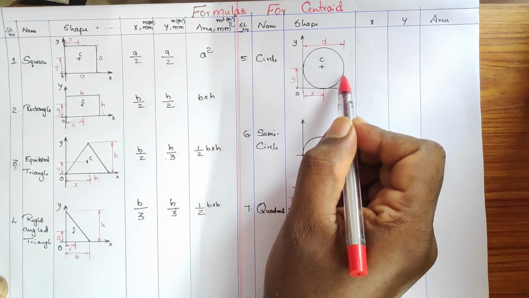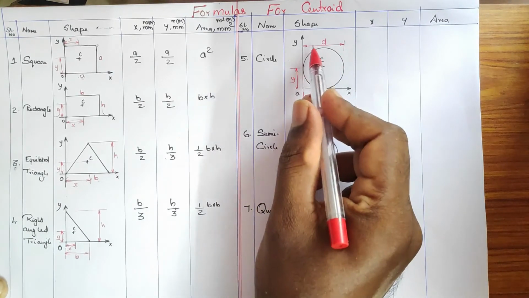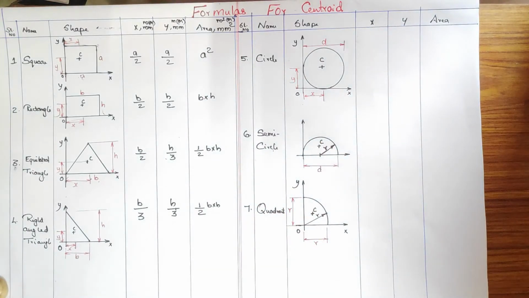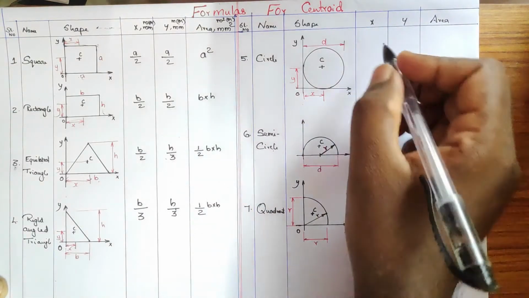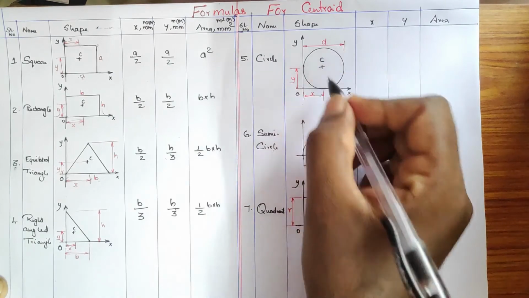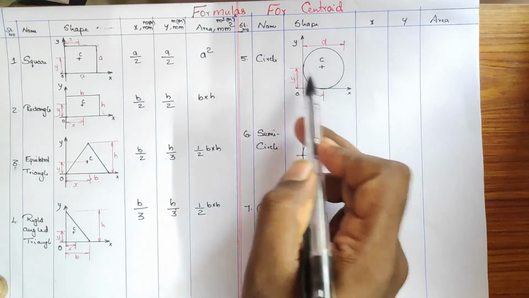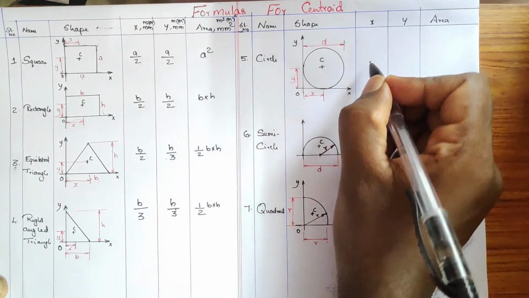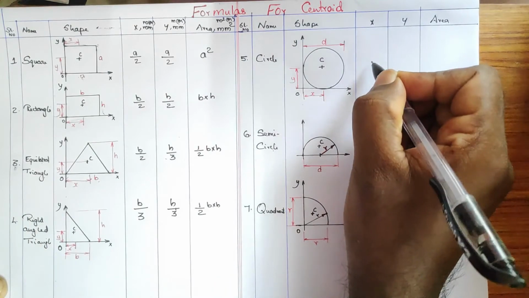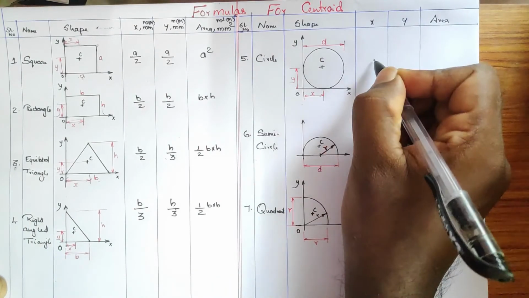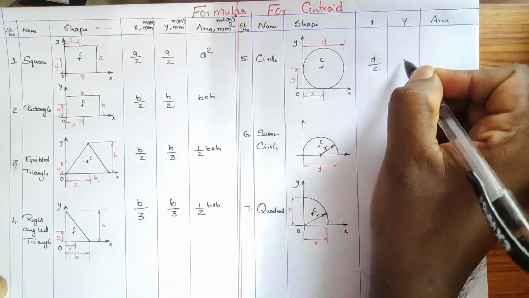Even in the x-axis, the full length is a diameter, and even in the y-axis, it's a diameter. So x and y can be calculated by half the diameter. The centroid will be the same for the x and y. So here d by 2 and here d by 2.